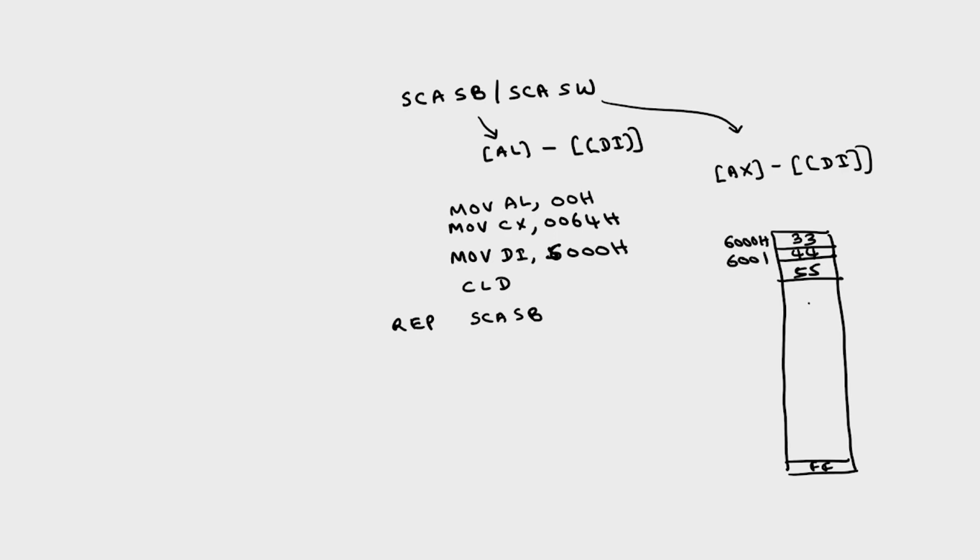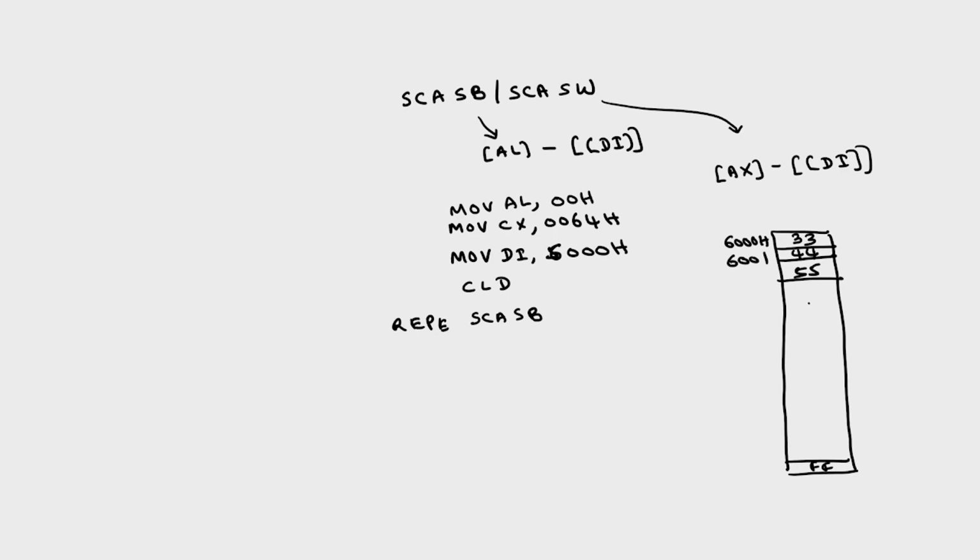So if I write repeat equal, and none of this data is 00, it will perform 64H comparisons, that is 100 comparisons in decimal. Otherwise, if at any point a 00 is found, because both are the same, then it will quit this comparison operation.